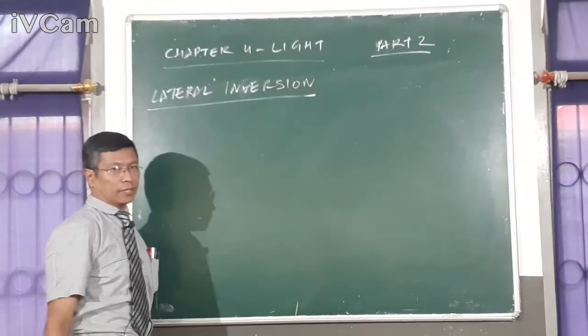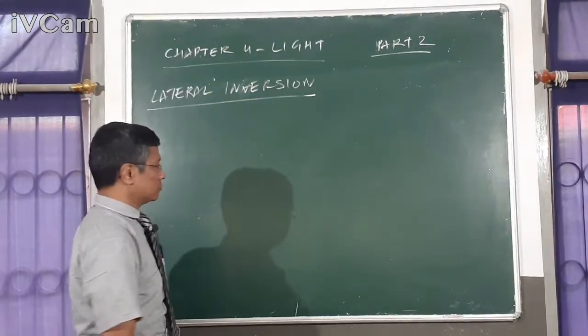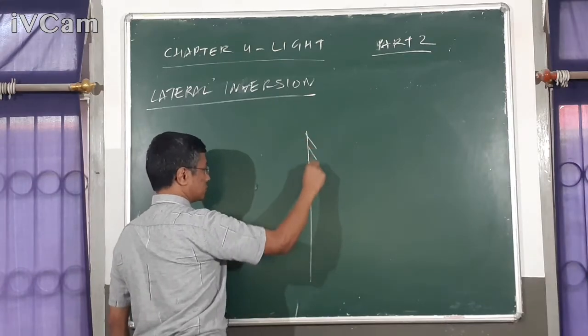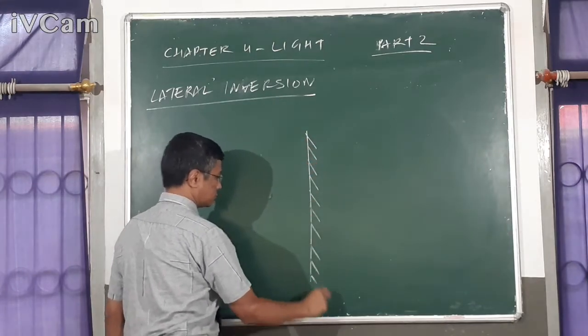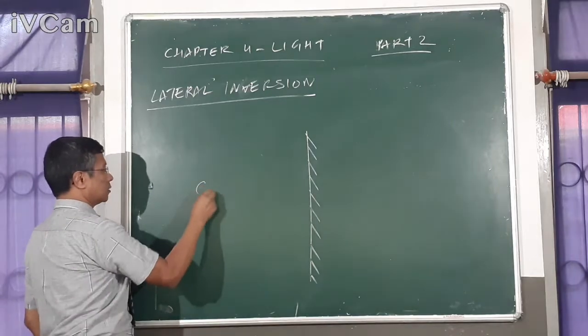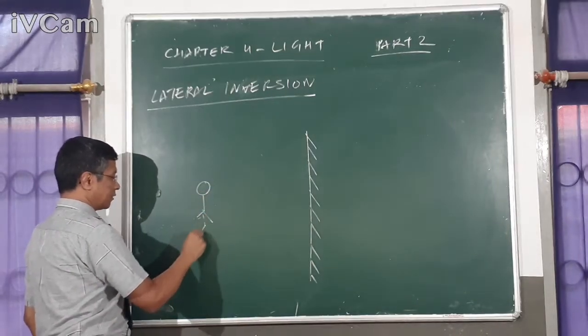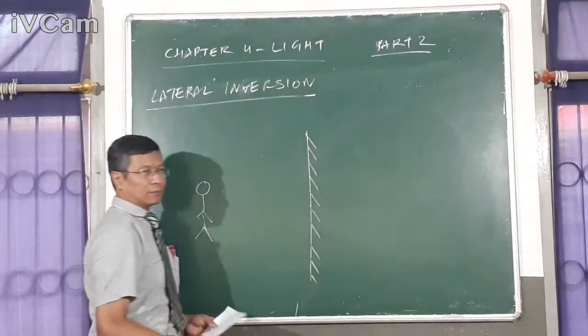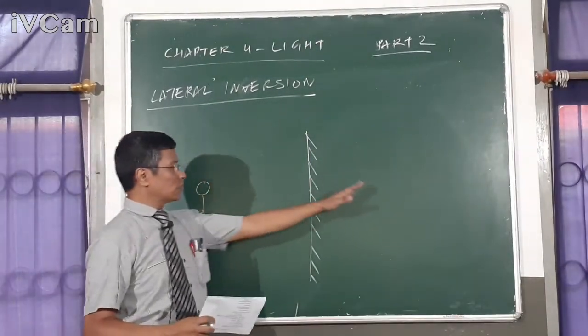Let us discuss the next topic, which is called lateral inversion. Supposing this is the mirror and you are standing in front of the mirror. Your reflection will take place. You will see a reflection at the back of the mirror.